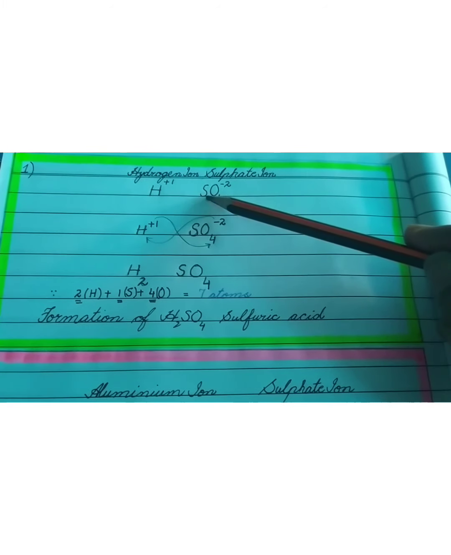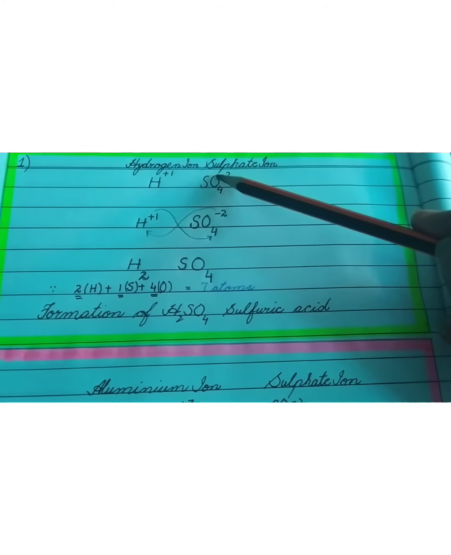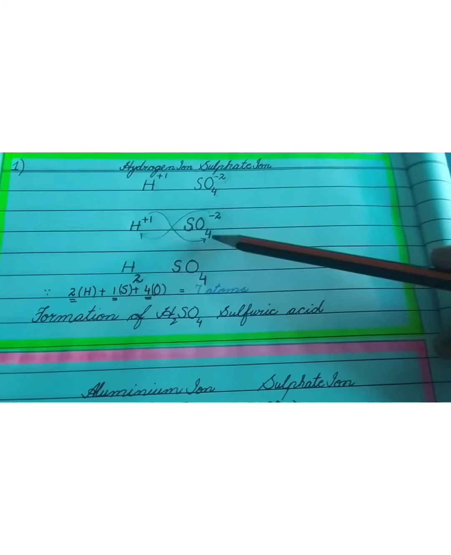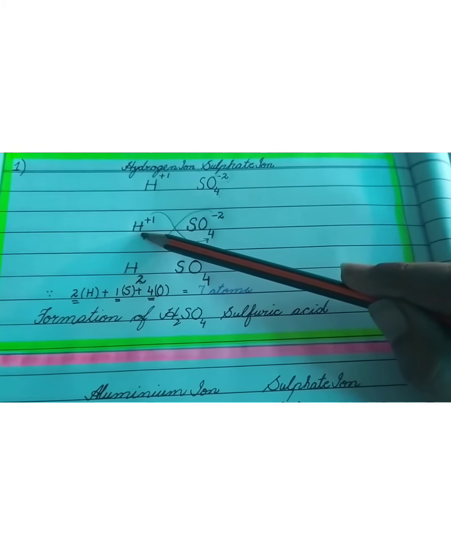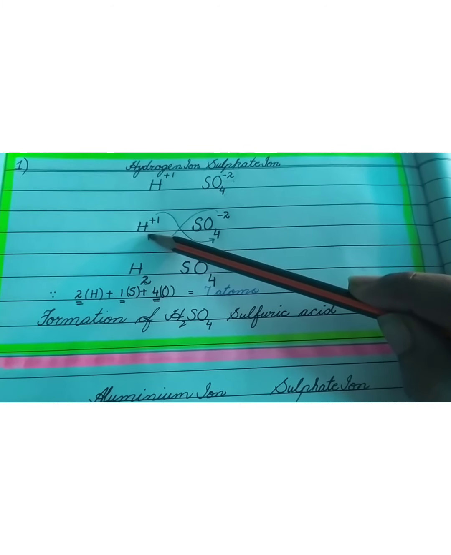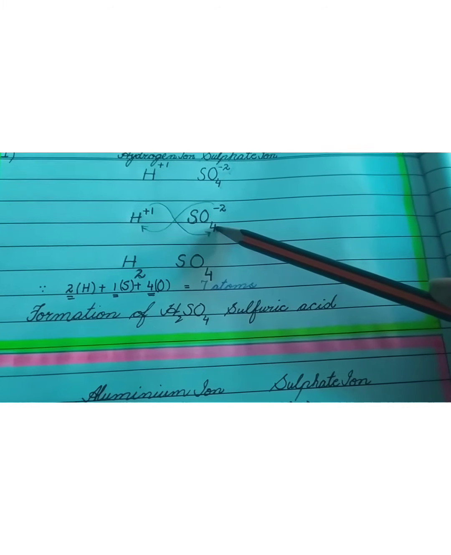Sulfate ion has the formula SO4 with valency -2. This -2 will be written along with hydrogen, and hydrogen's valency will be written along with sulfate.